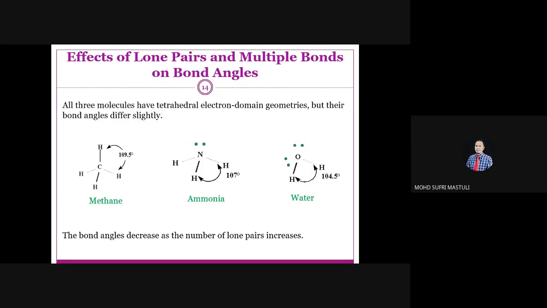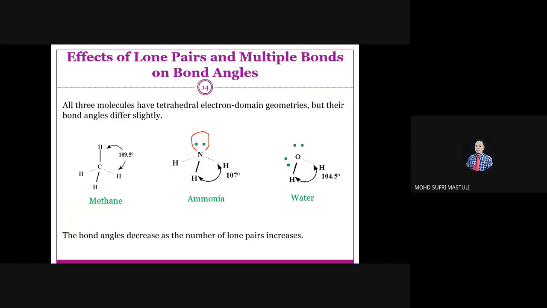But if we have one lone pair, it changes from tetrahedral to trigonal pyramidal because of one lone pair. This lone pair will reduce the angle. So from 109, it becomes about 107.